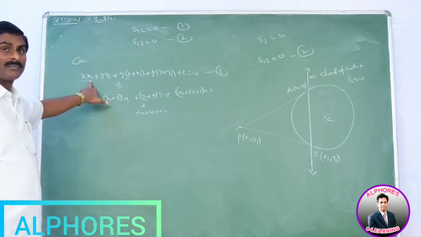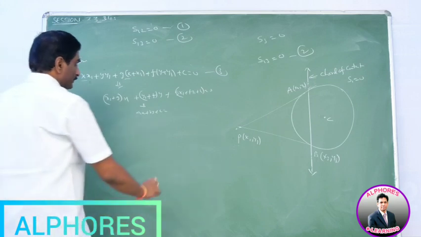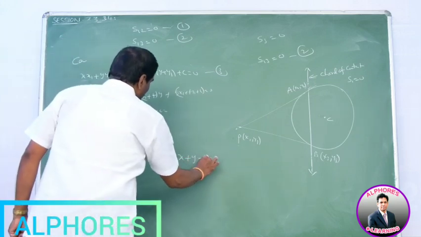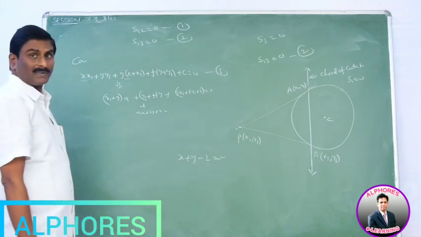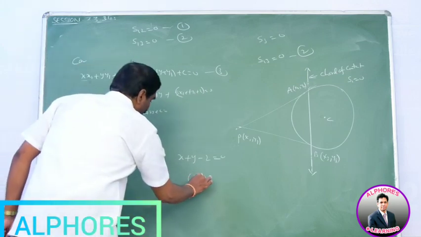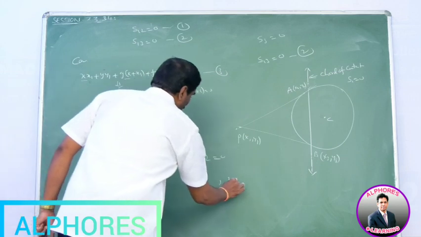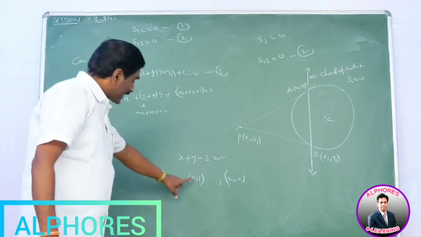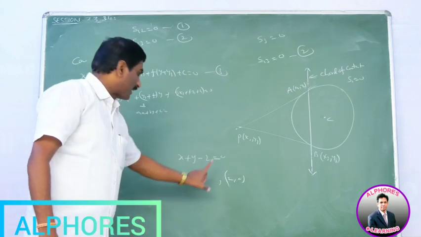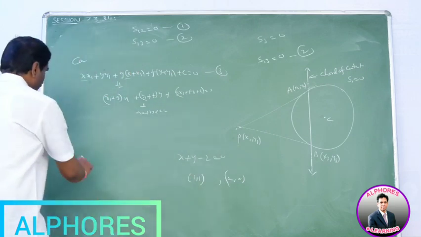Any doubt? Okay. Suppose x plus y minus 2 is equal to 0 is one of the lines. This line passes through (1, 1). Please check this point (1, 1). Next, (2, 0). If we put (1, 1), we get 0 is equal to 0. That means (1, 1) must lie on this line.